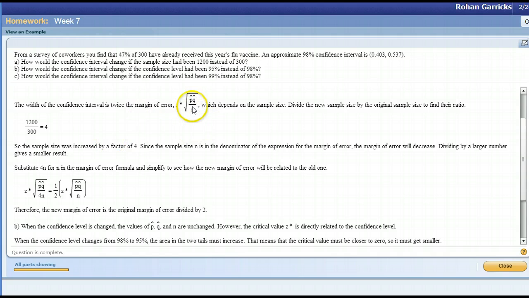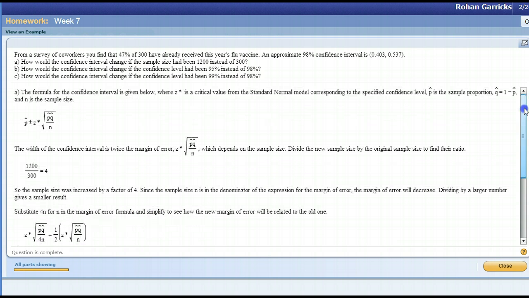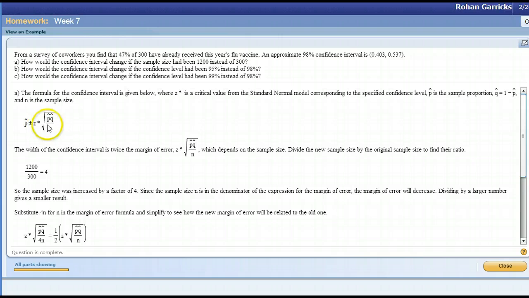Because by changing n to 4n, which is what we did when we went up to 1200 from 300, the factor here has to be multiplied by a half to give us the new confidence interval. So the amount that you're going to add or subtract to get the upper and lower limit is going to be half the size. So it means you are going to end up with a confidence interval that's not as wide.